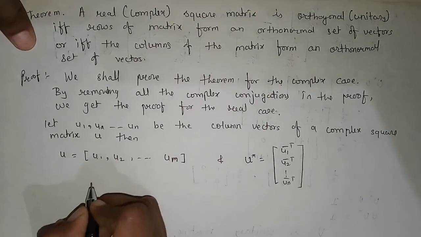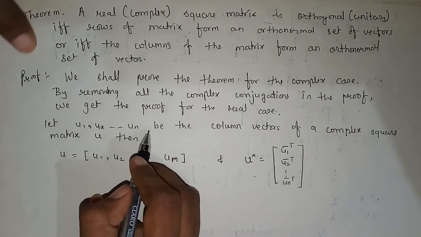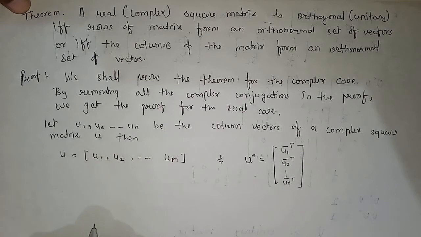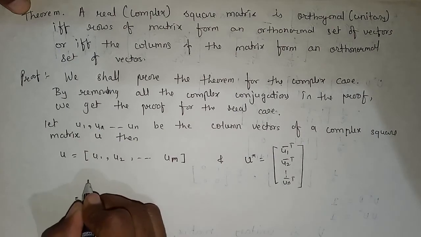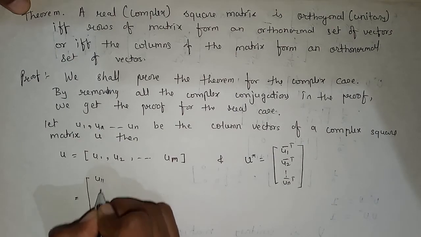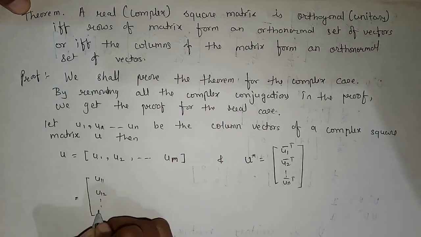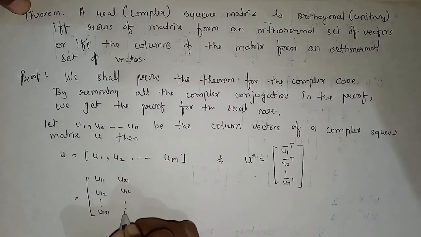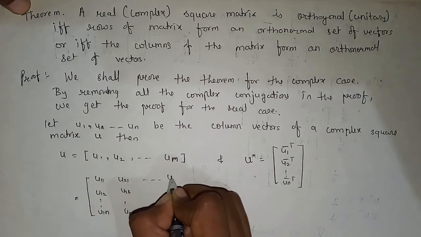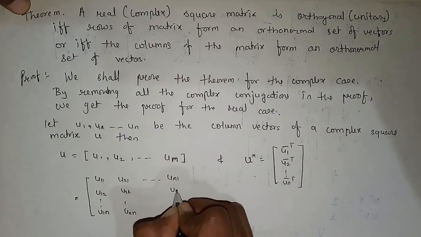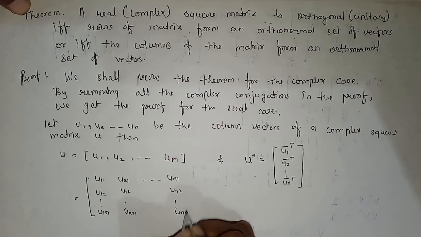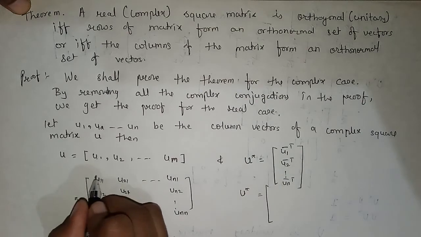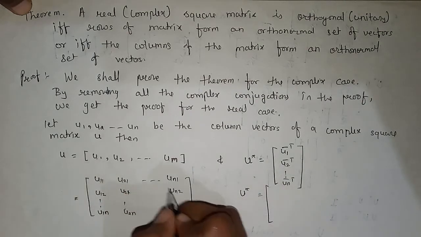Or we can see, we are writing u1, u2, un as column vectors. This means I am writing here u1, but this u1 also has n elements. So from this I can write, suppose this is u11, u12 up to u1n, this is u21, u22 up to u2n, and this is un1, un2 up to unn. Similarly, this is U star. Now here we are taking its bar, so this means we are interchanging row and column after taking bar.